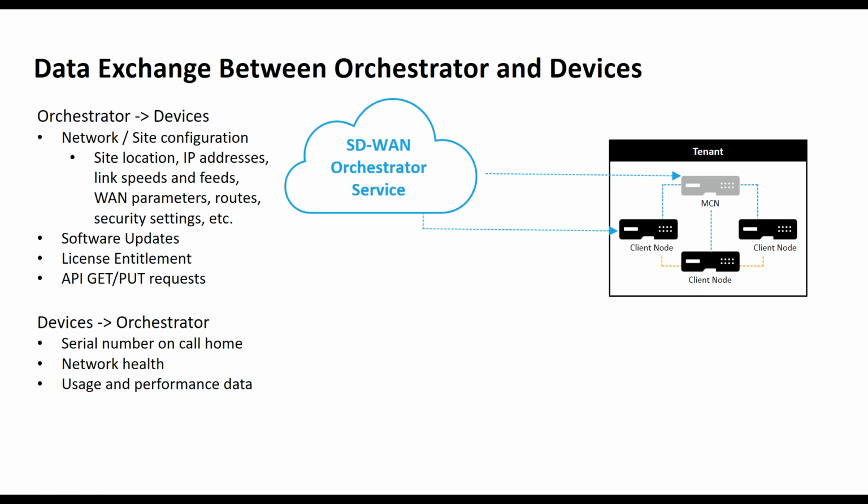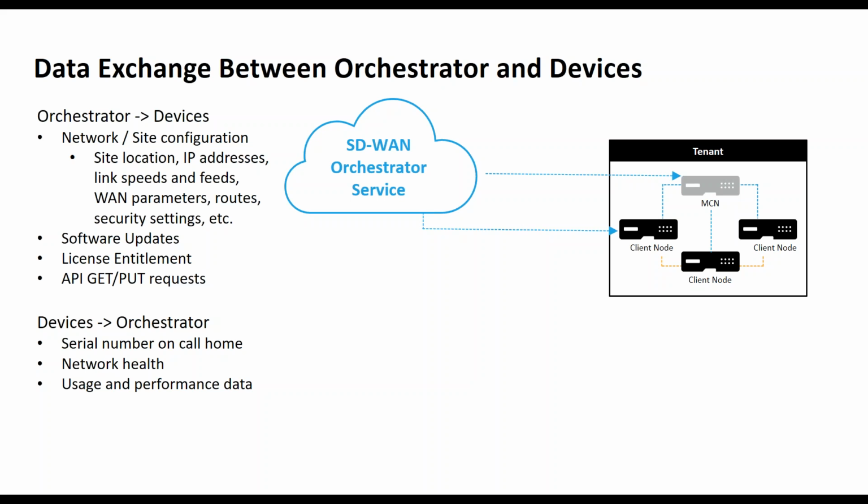All right. We've talked about the data exchange that does happen between Orchestrator and the devices. In terms of Orchestrator to the individual devices, it's primarily responsible for pushing configuration and software packages.